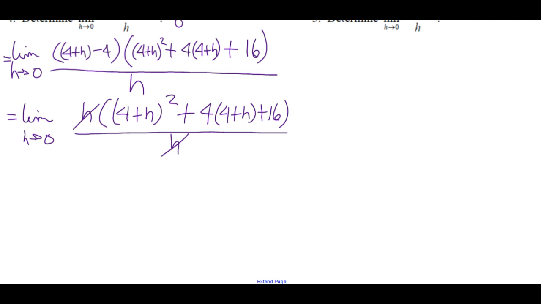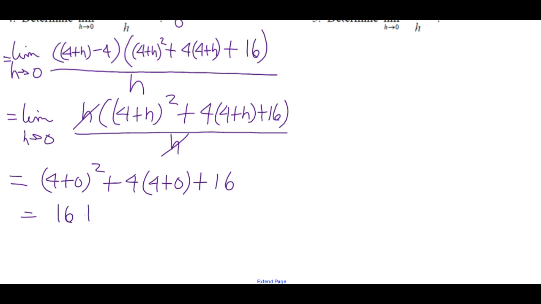We can substitute h as 0 into the expression now, right? It's allowed because we won't end up with the 0 in the denominator. So we get (4 plus 0) squared plus 4 times (4 plus 0) plus 16, which is 16 plus 16 plus 16, or 48.